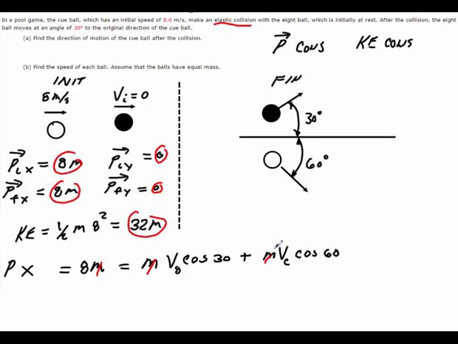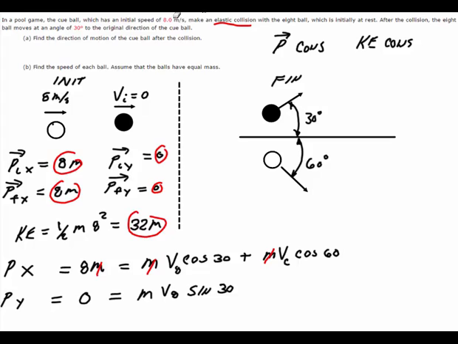Alright, now we'll go back and do the momentum in the y direction. Again, we know that's equal to 0, so the momentum in the y has to be equal to 0 also. So we'll get mass of the 8 times the velocity of the 8 times the sine of 30. And again, momentum is a vector quantity, so be careful with your direction.